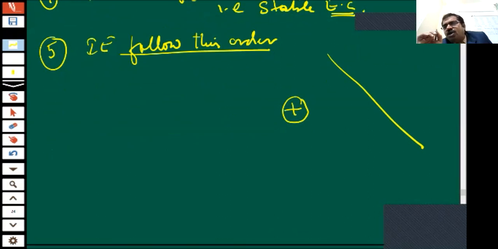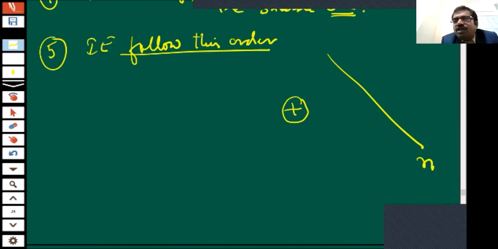Now all orbits are not circular. They are elliptical. So suppose this is some orbit, orbit N. In that, S is also there, P is also there, D is also there, F is also there.